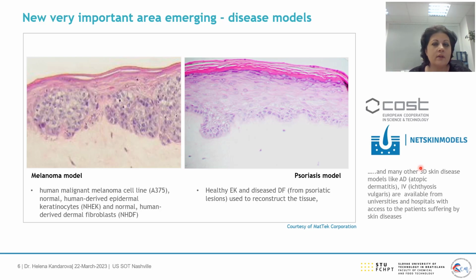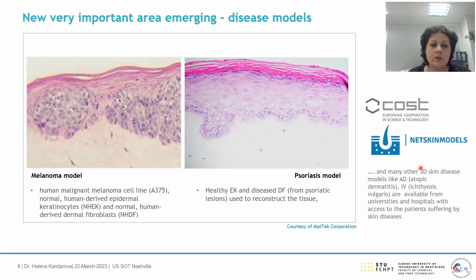As you know, it's not really easy to mimic disease, skin disease, or any disease in the animal models, and this holds also for the skin. That's why so many companies and so many laboratories, also universities or clinics, are trying to come up with a model that would be helpful in researching the skin diseases.